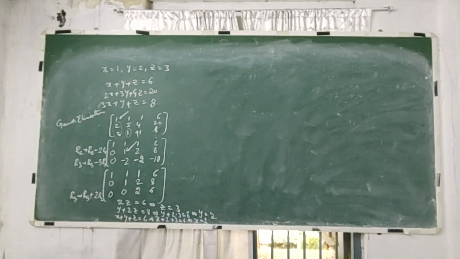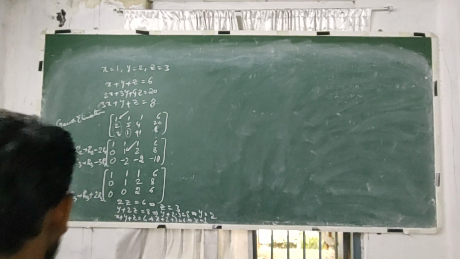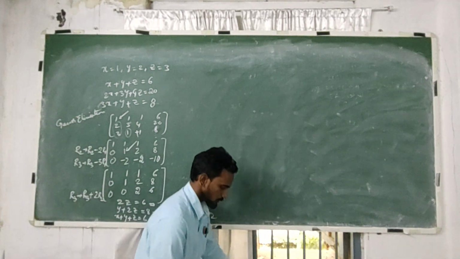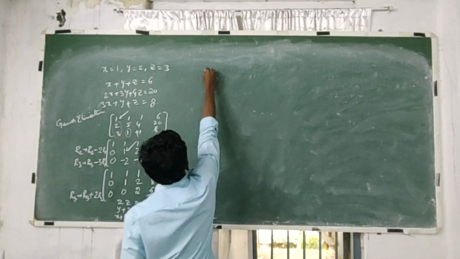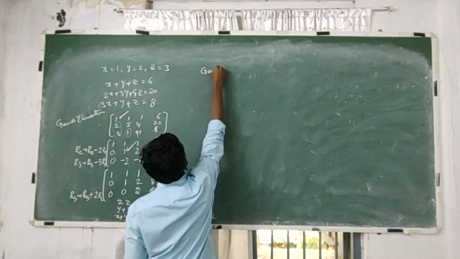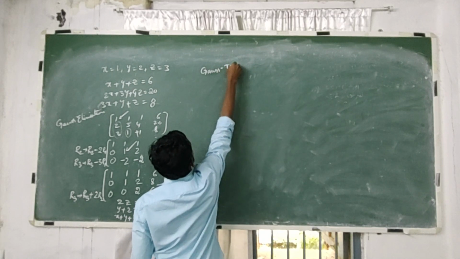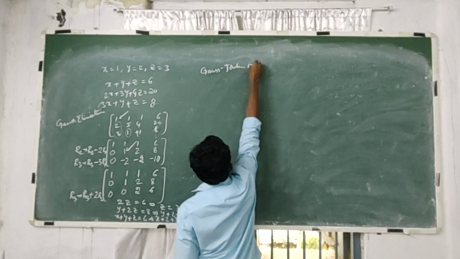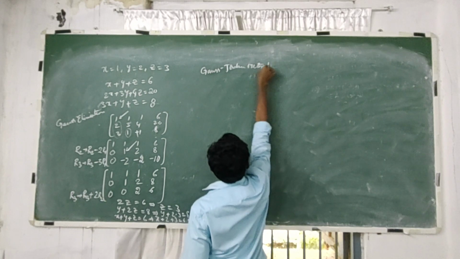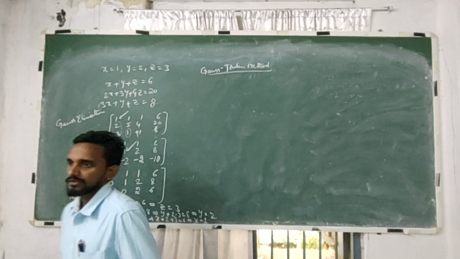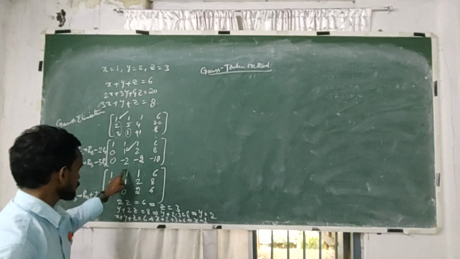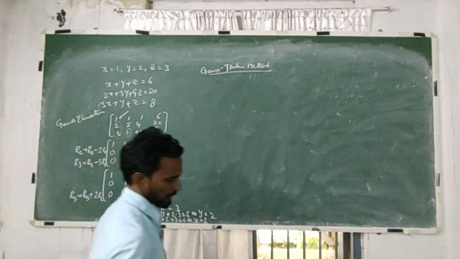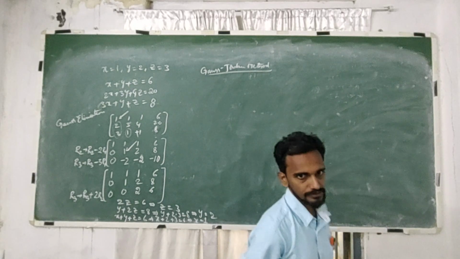So next one, an improvisation to this one is the Gauss-Jordan method. Here instead of this lower triangle matrix, we'll completely develop a unit matrix.